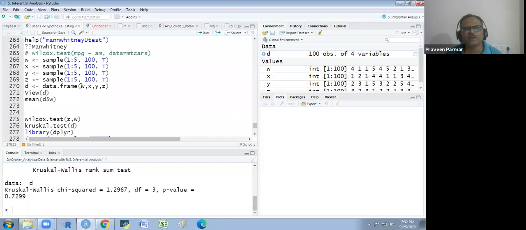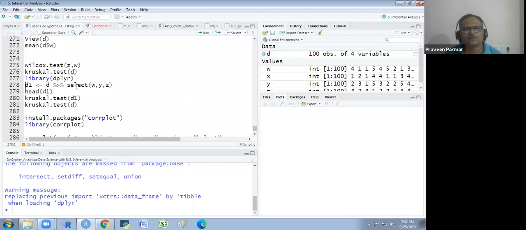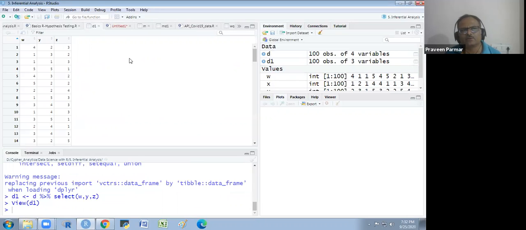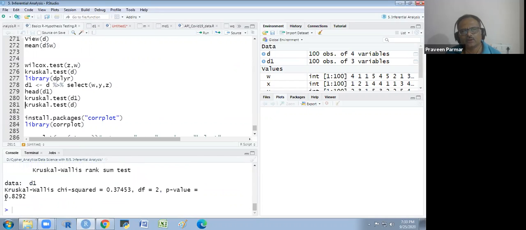I am using the dplyr library for this, with the select function and a pipe. I run this and get D1 having the 3 variables Y, W, Z, with no X. I run the test on D1 and get a P value of 0.82, which again means no significant difference. Does that make sense to everyone? In this way, we get it.